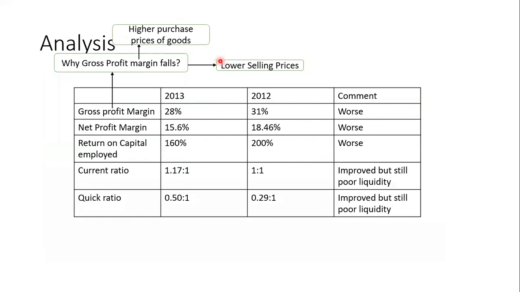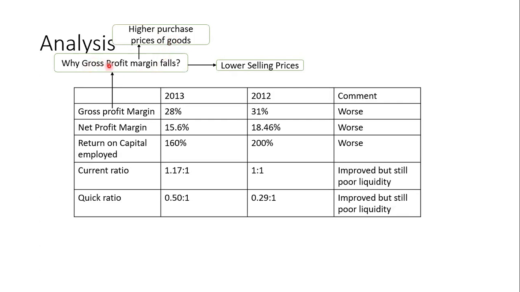Clearly, I cannot write both of the reasons in my answer. For my situation, this was the reason why gross profit margin fell. So I will say possibly the selling prices are going down. That's why the gross profit margin has decreased. And clearly, the other reason is not the case in our situation. Maybe in some other question, this can be the reason, where you will see the cost of sales rising.